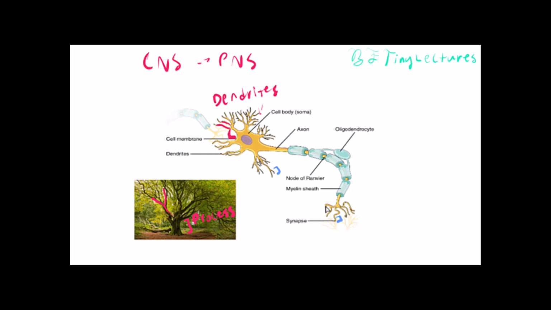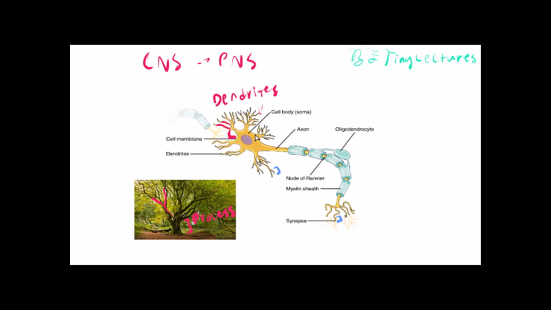So remember, when you're studying the muscles, the synapse will propagate the action potential into the myofibrils, specifically the sarcomeres, and help the muscle generate a contraction. Well, the branches on a tree, they have leaves, and these leaves outnumber the branches. And so the synapses will always outnumber the amount of dendrites in a neuron.